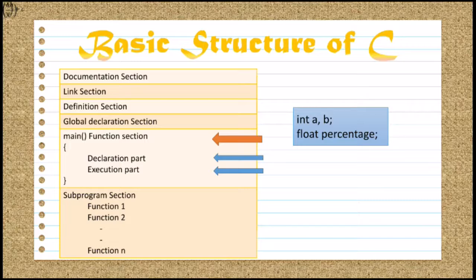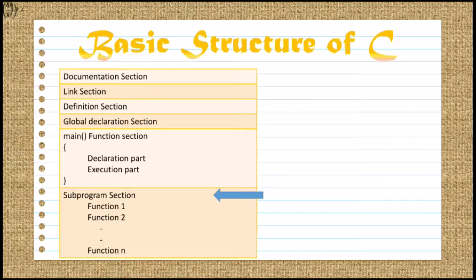The program execution begins at the opening brace and ends at the closing brace. The closing brace of the main function section is the logical end of the program. All statements in the declaration and executable parts end with a semicolon.